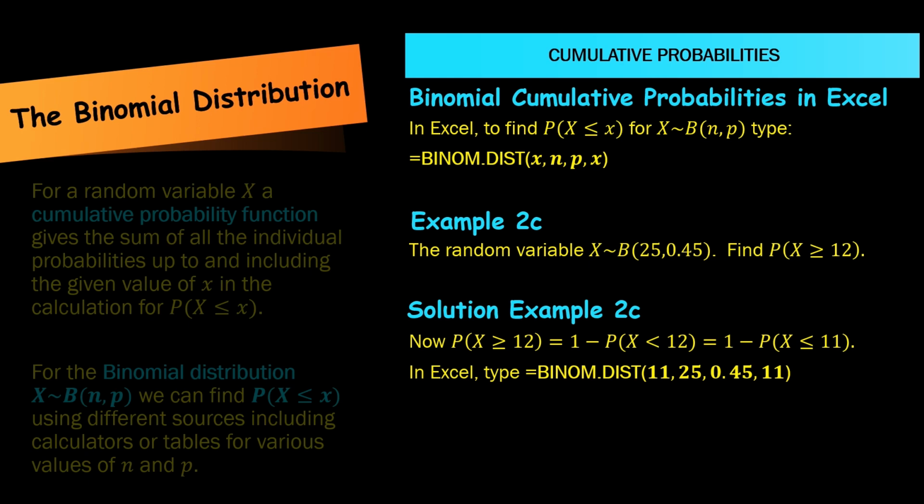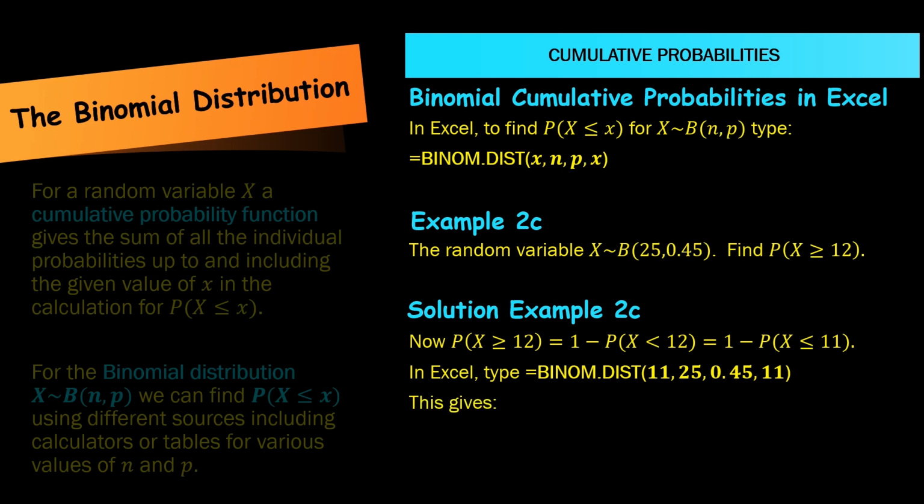So in Excel, we need to type equals binom.dist, little x equals 11, positioned here and here, n equals 25, positioned here, and p equals 0.45, positioned here. And of course, we have the commas separating all these values.